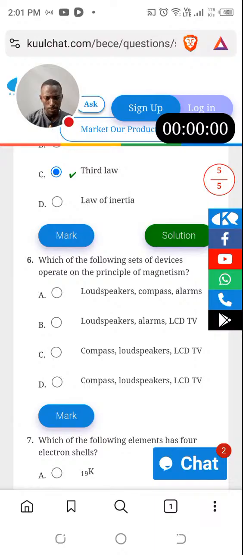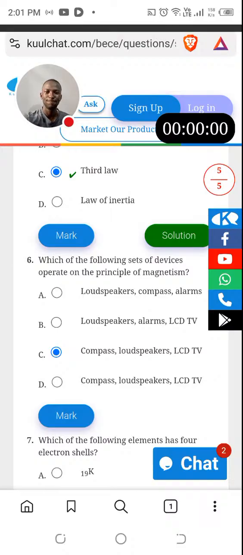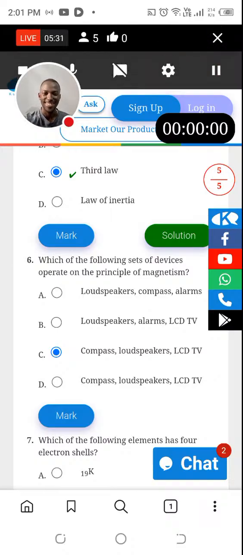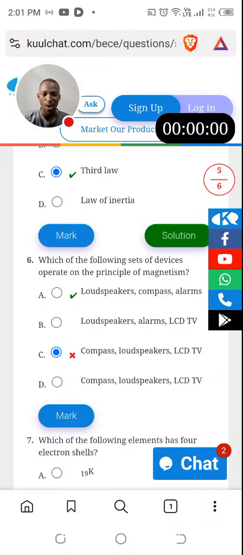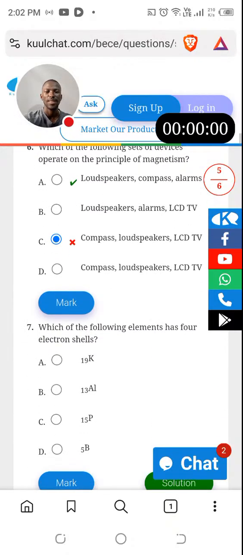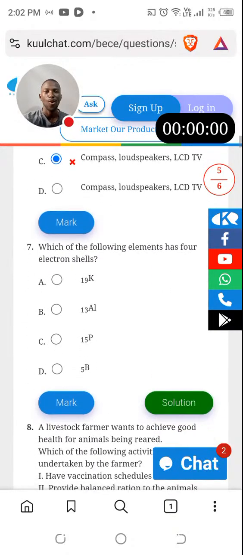I'll go for C. What do you think? Let's go. Oh, no way. What did I go for? Loudspeakers, compass, and alarms. So TVs do not have magnets in them. Well, I thought they do because of the speakers and the television. Okay, so we've gotten one wrong.